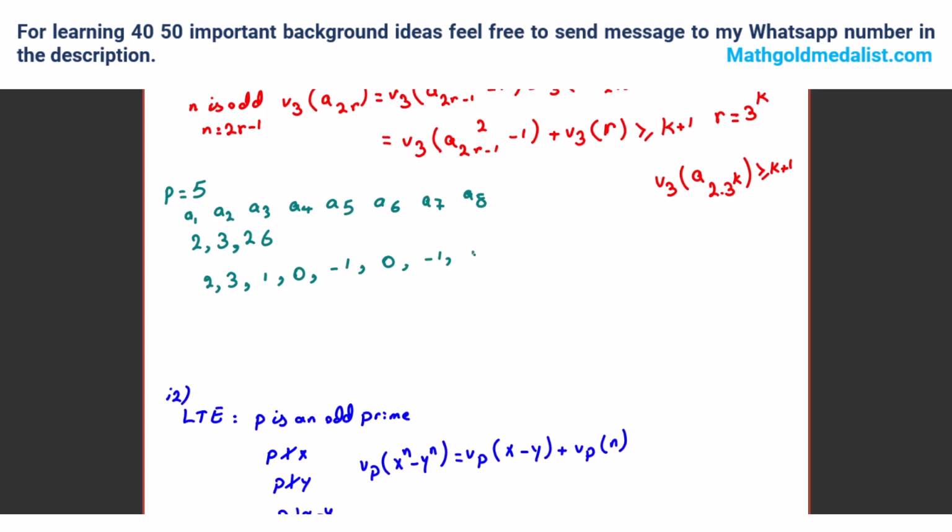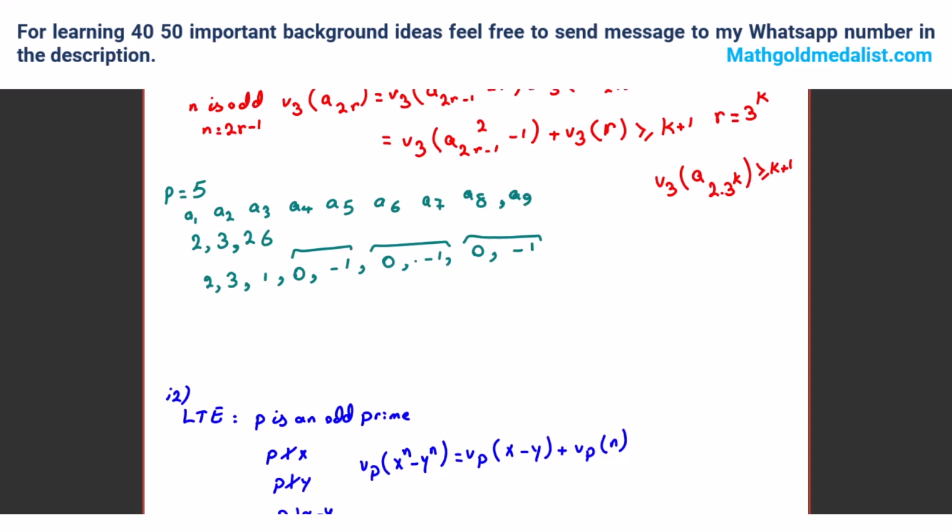Negative 1 to the power of 8, 0. So obviously, when we have negative 1 at an odd index, then the next one at an even index is negative 1 to the power of even, which is 1, minus 1, 0. And again, we can say 0, negative 1. So from here, we have 1, 0, 1, negative 1. From a4, we have 0, negative 1, 0, negative 1, 0, negative 1, and so on.